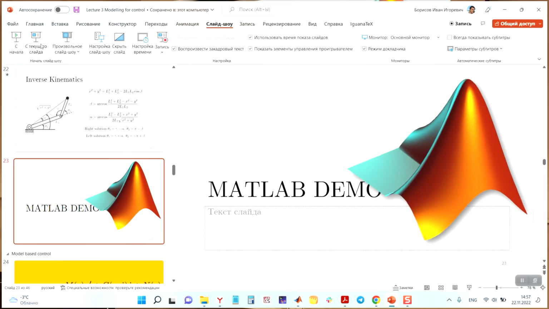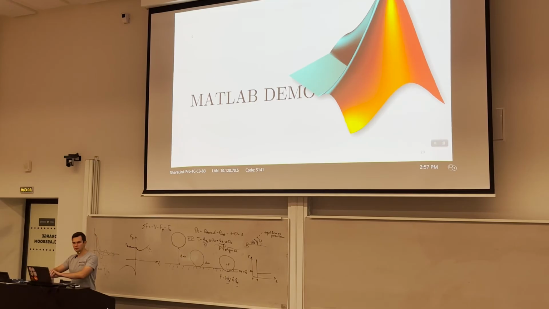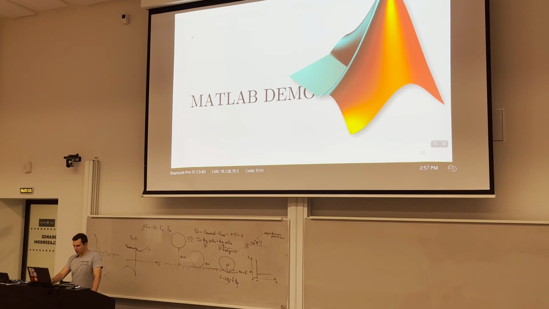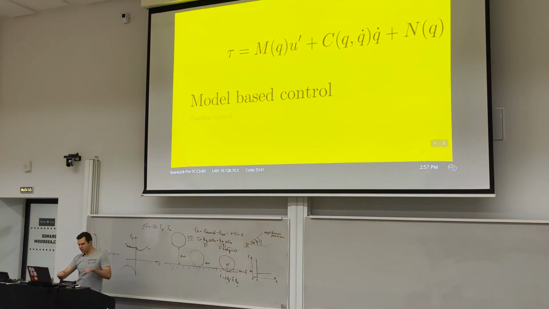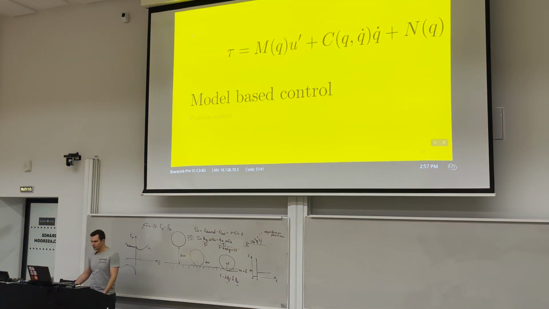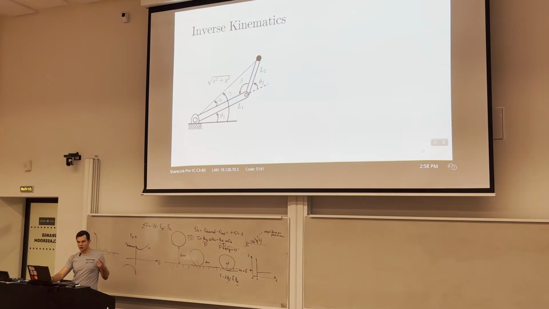We have a break in 3 minutes, right? Okay. So after the break, we will speak about model-based control. Right here, we didn't have any model of our robot. I mean, what is a model?